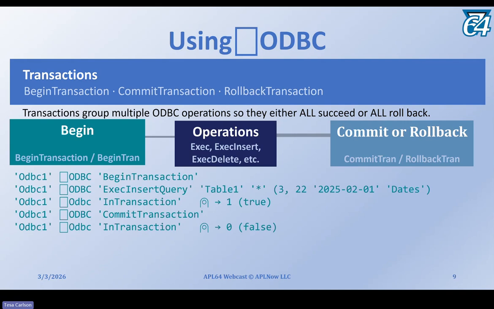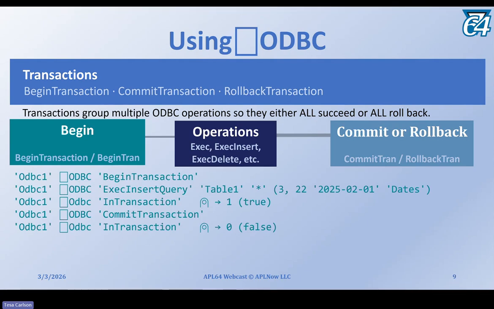The commit transaction action applies to a Quad ODBC instance. This action causes the effects of the current transaction to be applied to the connected Microsoft ODBC database. The commit transaction action has no effect if the begin transaction action has not occurred or if the rollback transaction has occurred.